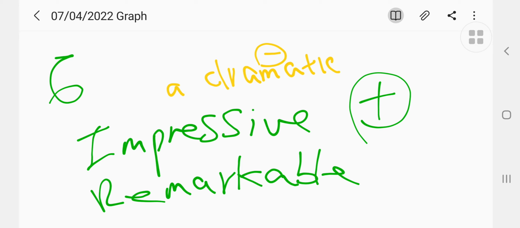On the other hand, if you want to say a remarkable threat, what does threat mean? From the Cambridge Dictionary, a threat is a suggestion that something unpleasant or violent will happen, especially if a particular action or order is not followed.